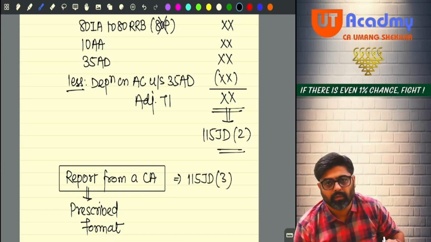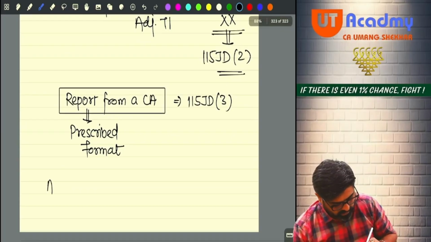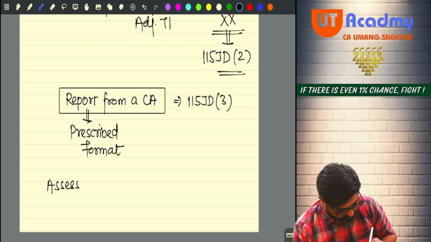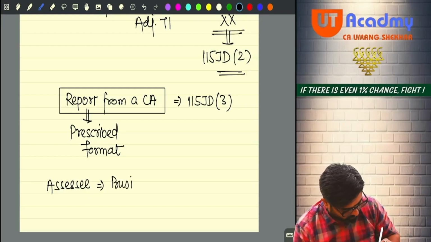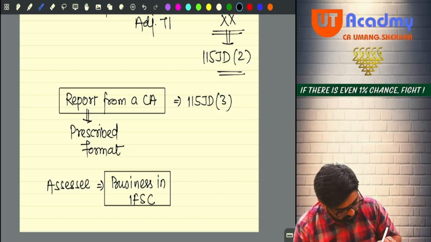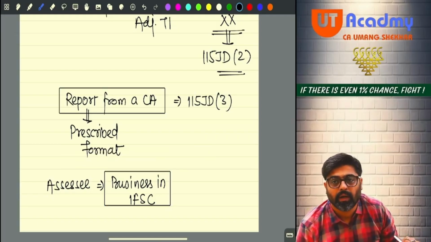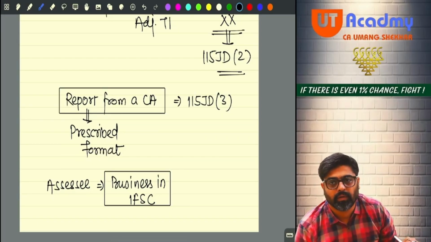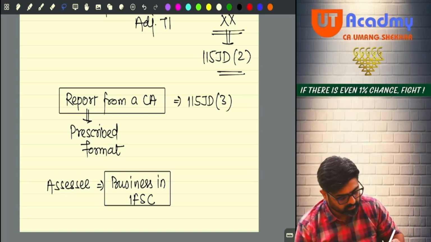Okay, now do you know, an assessee is doing a business in IFSC. IFSC, you have heard, International Financial Services Center. I had talked about this when I taught you the tax rates on capital gain. Do you remember this?